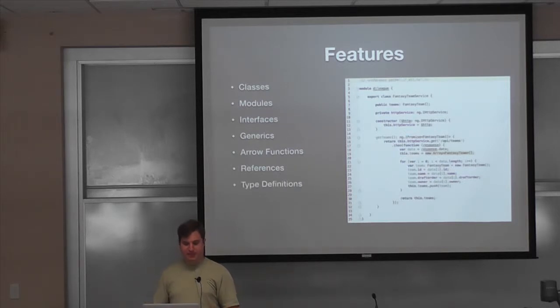And finally, type definitions. So what I mean here by type definitions, you're going to see an example in a moment, is let's say you have an existing JavaScript library that you would like to call from TypeScript, totally possible. But if you want to get all of the nice typed data, you want to know what functions and methods are available and what types that JavaScript library deals with, you can write a type definition file.